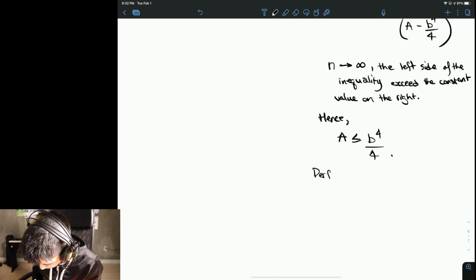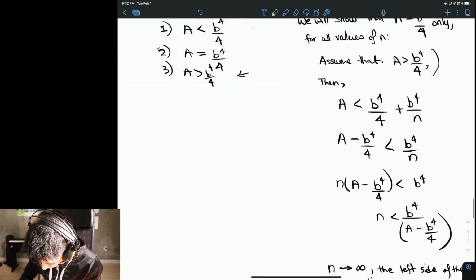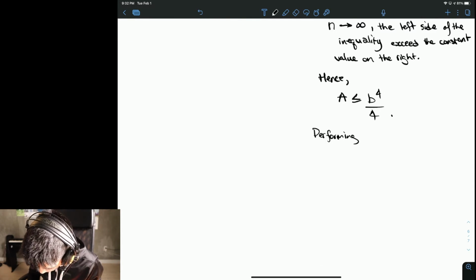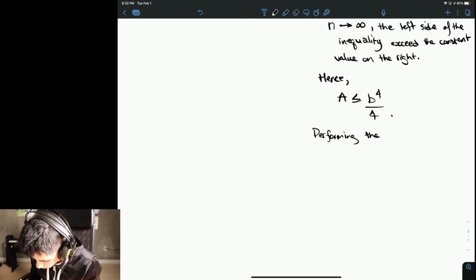Performing a similar argument as what we did by a contrapositive proof of this, we assume that A is less than b4 over 4. We can show the same thing. We can show that it can't be less than b4 over 4.